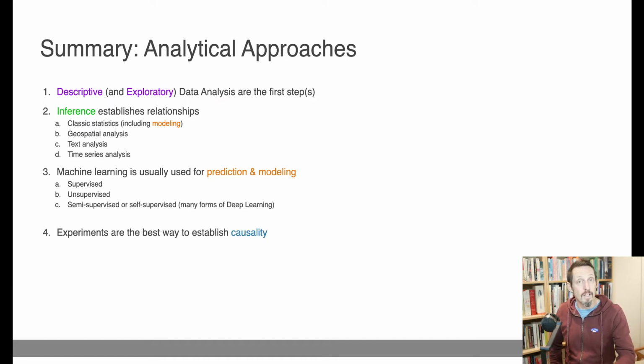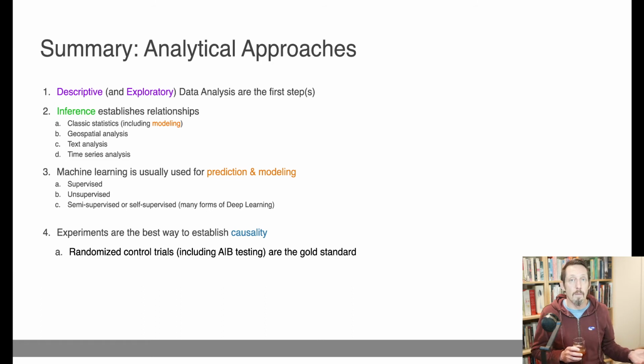So, causality, we also mentioned. Experiments are the best way to establish that there's a causal relationship. We do something like use a randomized controlled trial. Randomized controlled trials are the best way to convince somebody that you understand that A causes B. Let's say we have a bunch of people who have a certain disease, diabetes.